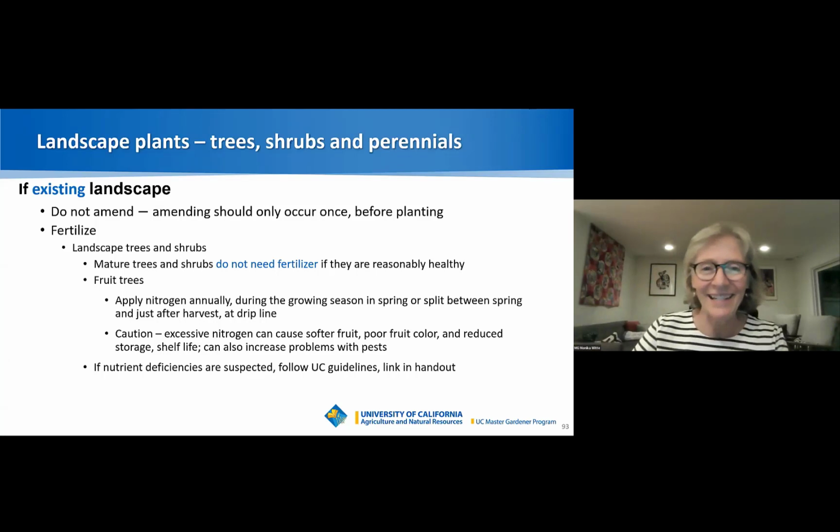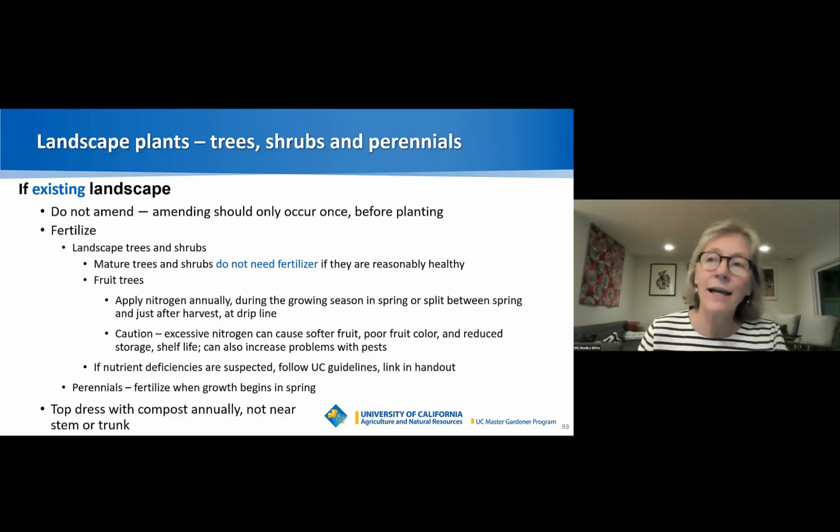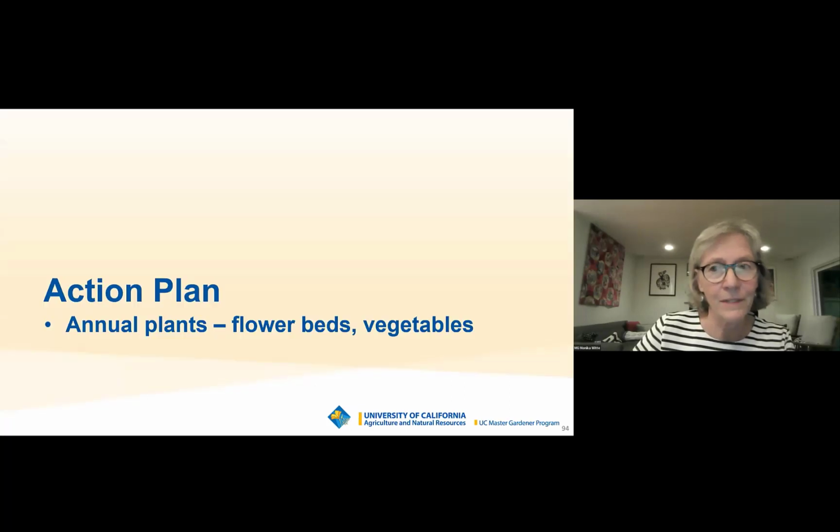Again, there's a link in the handout. Perennials should be fertilized when growth begins in the spring. And ideally, you'll top dress the garden with compost annually, not near the stem or the trunk. Let's support the soil with good, healthy organic material.